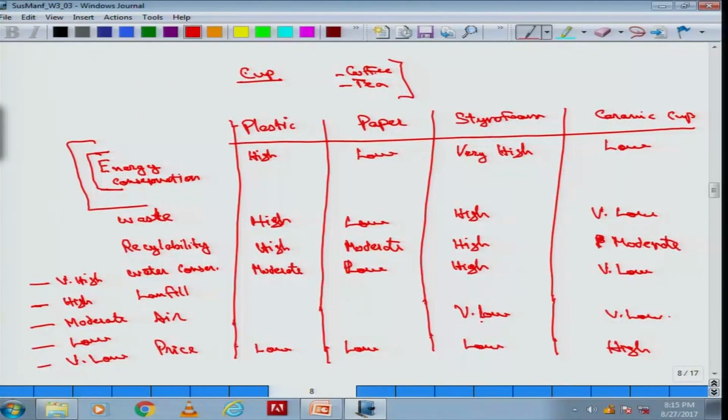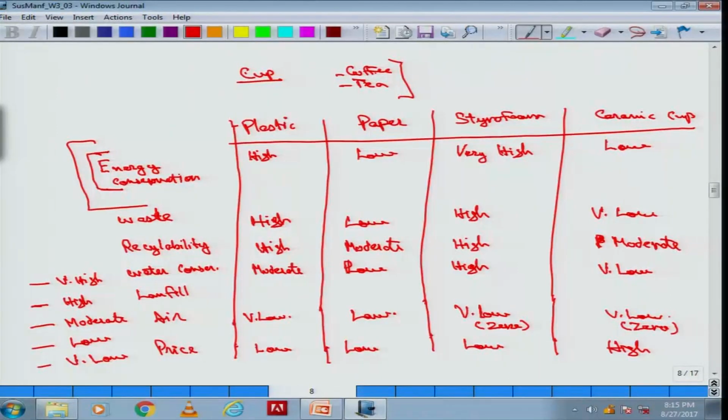Air pollution is very low or maybe none, like zero pollution in these cases, and in plastics also, if we landfill that, it is very low. But papers also shed some amount of skin of the paper, but that is still low, right.